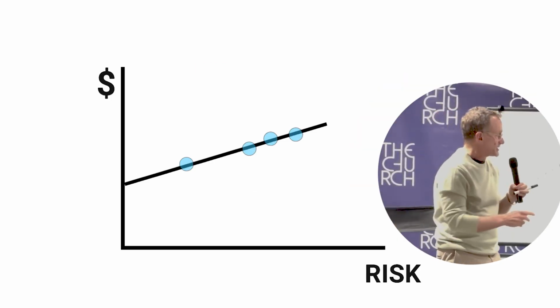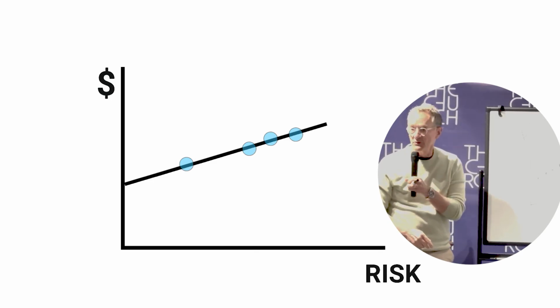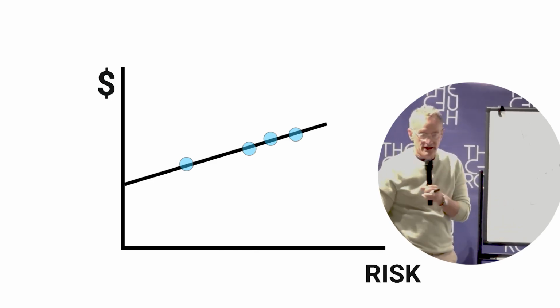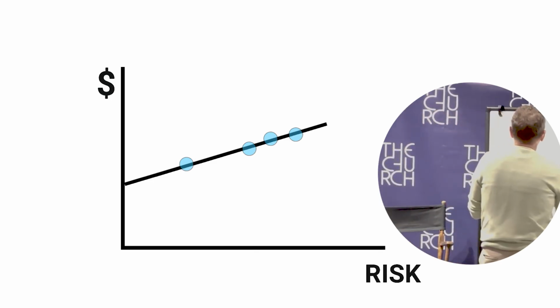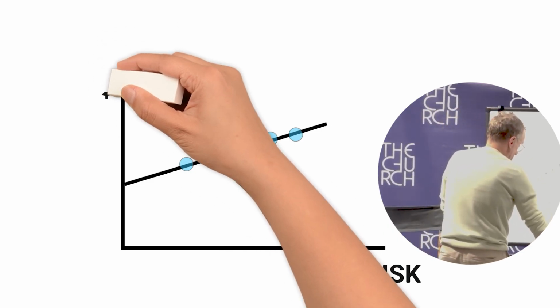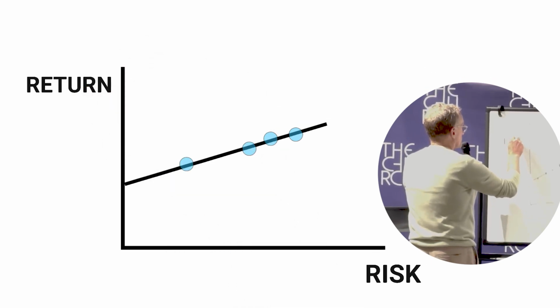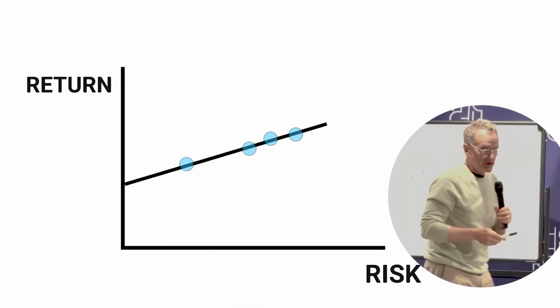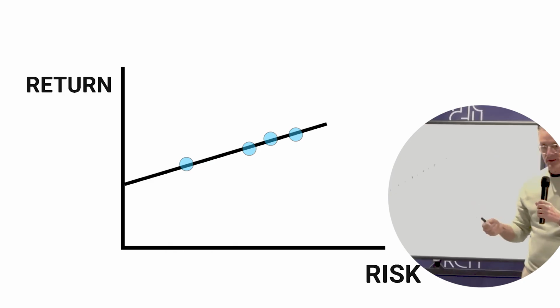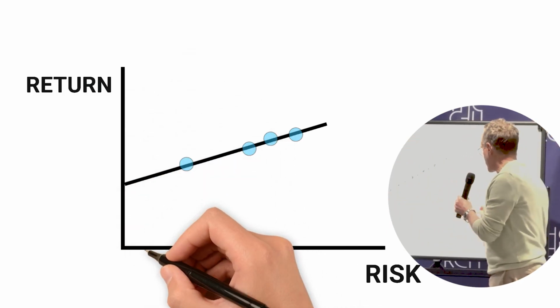Topic number 2 is what I put on the board. It's the relationship between risk and return. There is this graph, and I'm going to change that from the dollar sign to return, which is basically the same thing. They showed us this graph every day, and it shows return on this axis and risk on this axis.